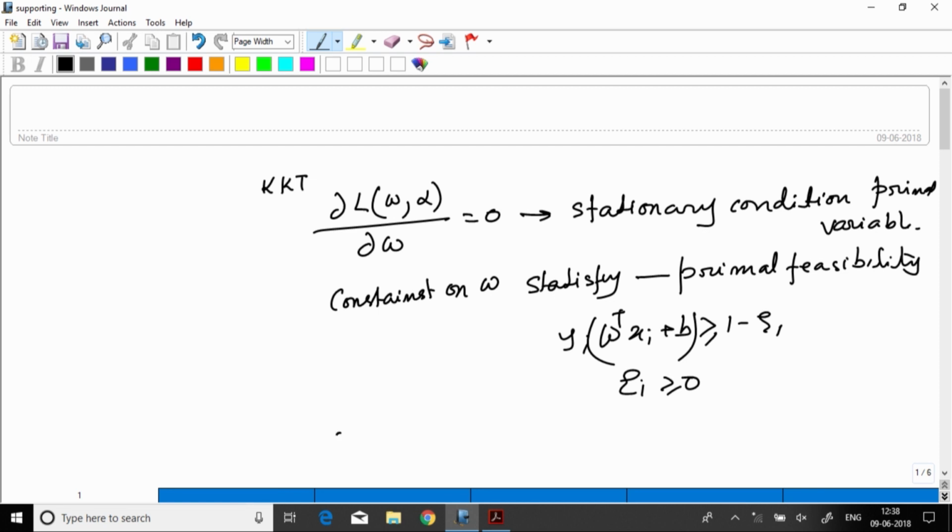And we have something called dual feasibility. Okay, so now maybe I should write it here. So we are doing this optimization problem.